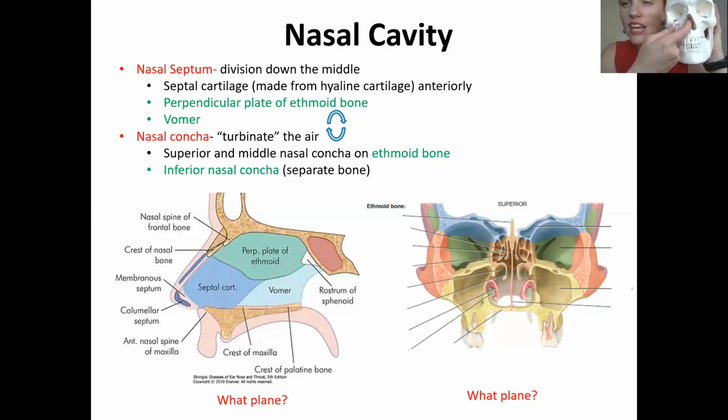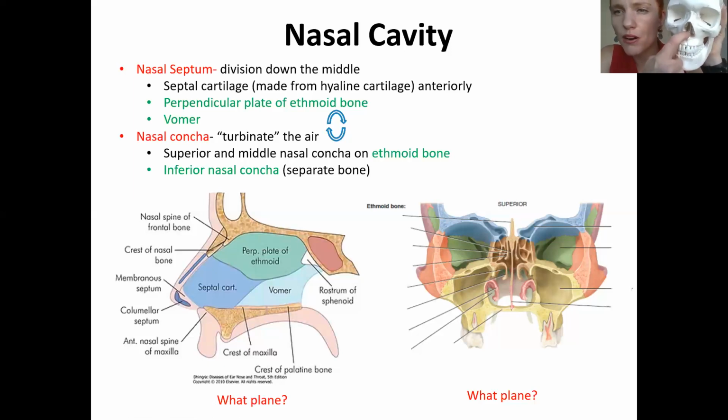And now we can see the ethmoid bone making up the superior portion of the nasal septum right here. That's called the perpendicular plate. So here is the ethmoid bone. The top part of the nasal septum is going to be made up by the perpendicular plate of the ethmoid bone. Now the bottom part is going to be made up of a different bone.